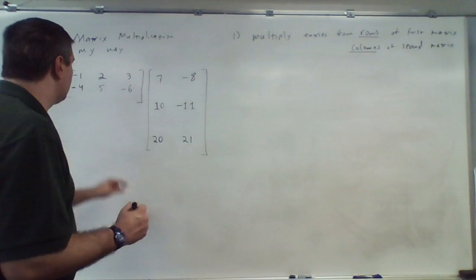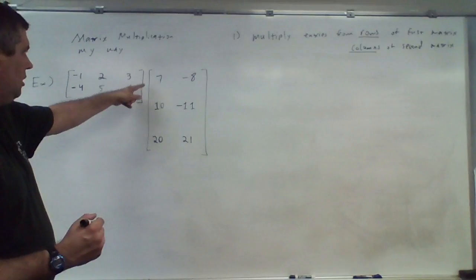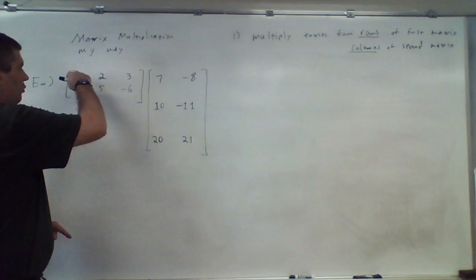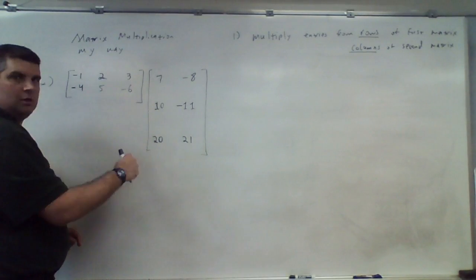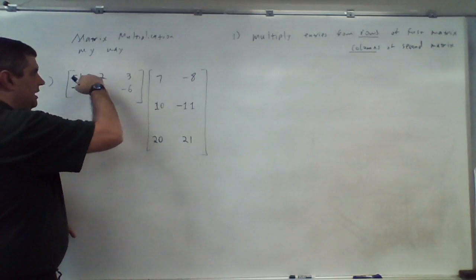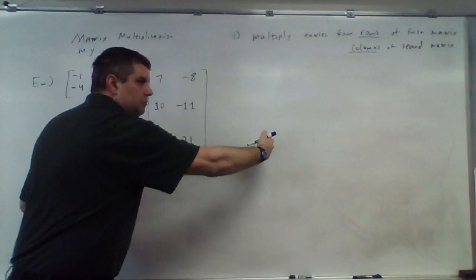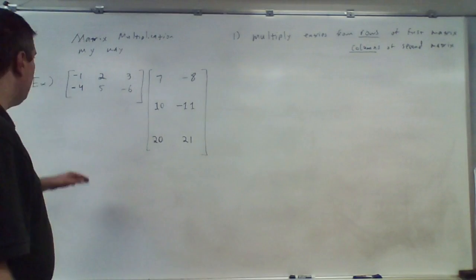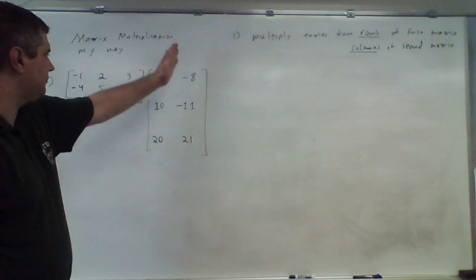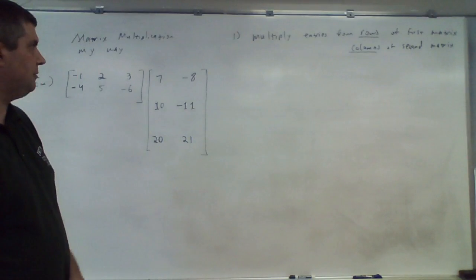So, I'll start by doing row 1 and column 1. Then I'll do row 1 and column 2. Now what you do is you do each row by each column, as many columns as there are. Then you do the second row by each column of the second matrix.